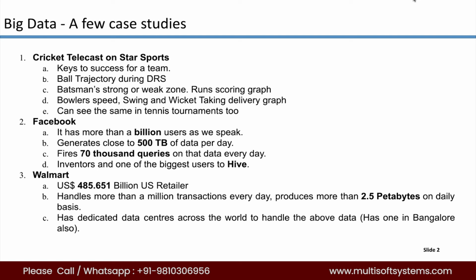Somebody was asking me the other day, when I was giving this presentation: big data, how big is big? I said, tell me, what machines do you use? He said, I have a laptop at home and a desktop in the office. I said, what is the hard disk capacity of your laptop? He said, 1 TB. I said, any data which is more than 1 TB, your laptop cannot store.